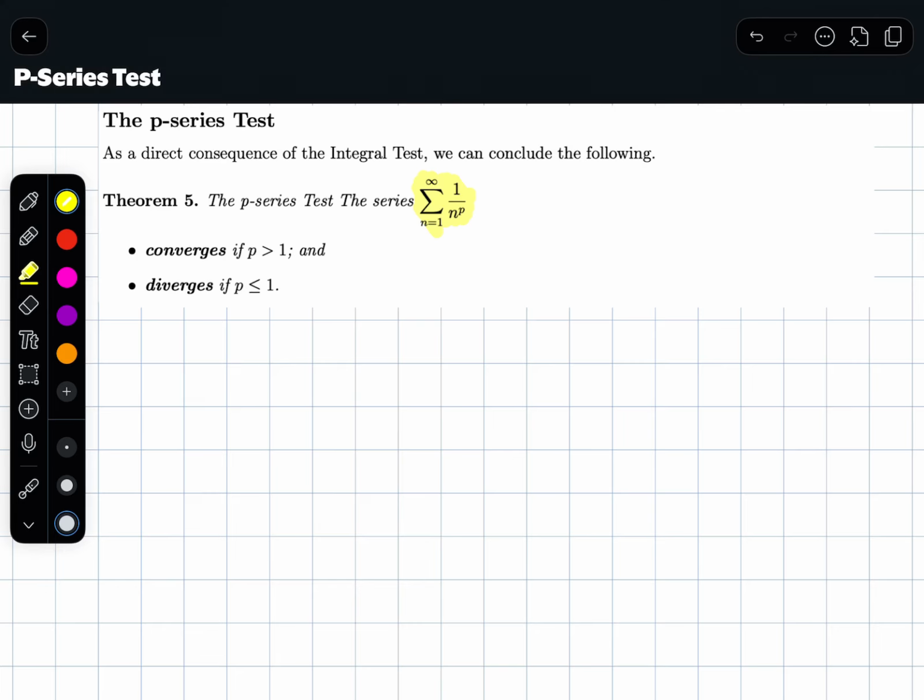So this is the p-series test. This type of series that you see right here, when you have 1 over n to the power p, p being a constant, is called a p-series.